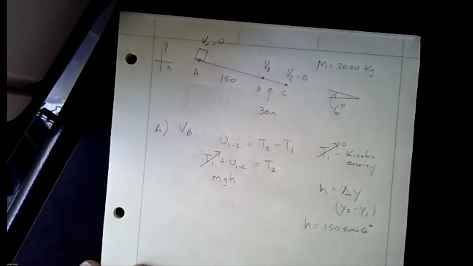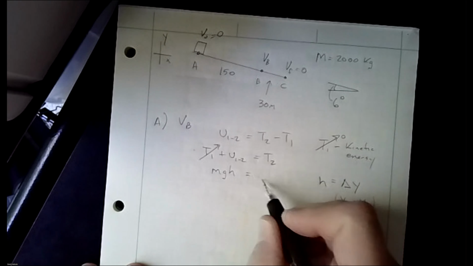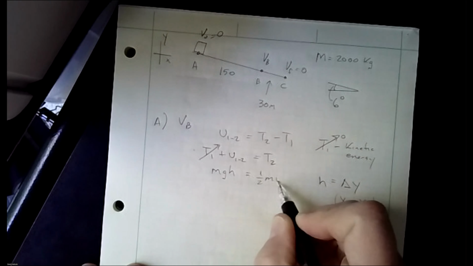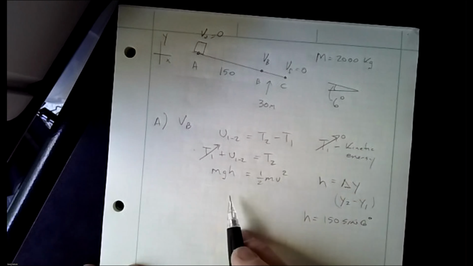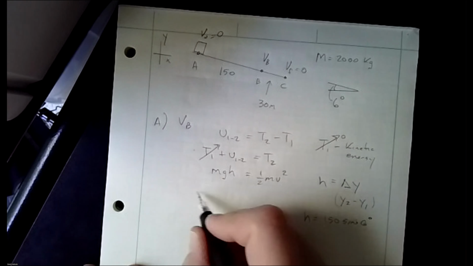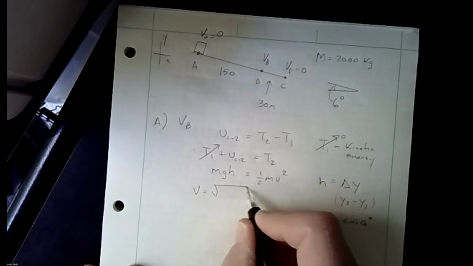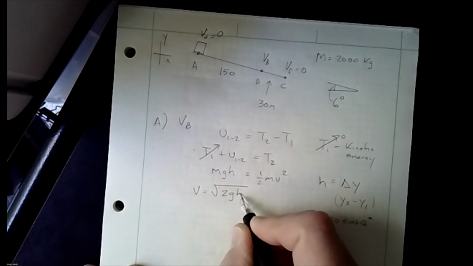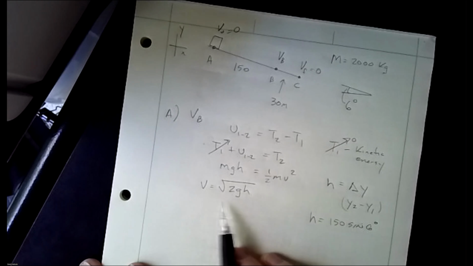Now, if we set this equal to 1/2 mv squared, you may remember this. Mass doesn't matter in this case because the velocity, when we solve for it, is just equal to the square root of 2gh. You probably remember this from your physics class.